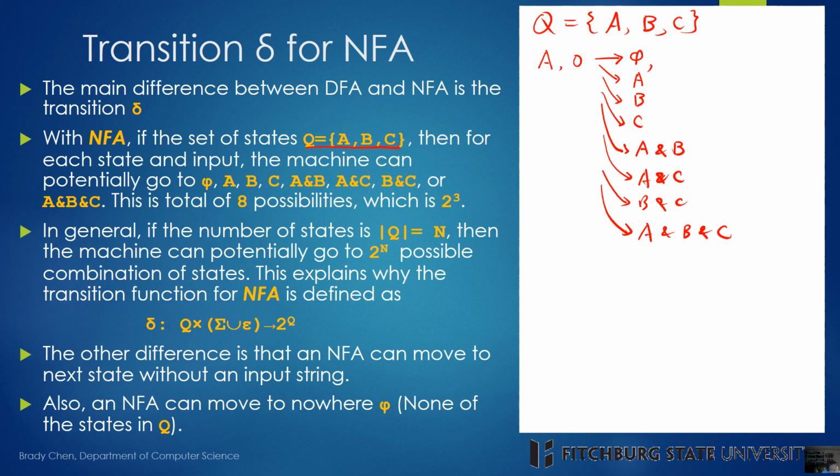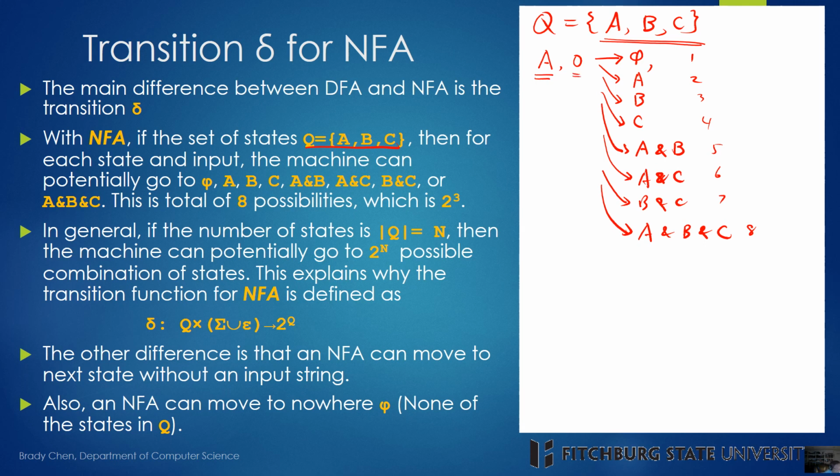Now, how many actual potential destinations is the machine going to move to for a finite state machine of 3 states, A, B, and C? We find that it's 1, 2, 3, 4, 5, 6, 7, 8. There are potentially 8 different destinations the machine can go with the current state and the current input value.